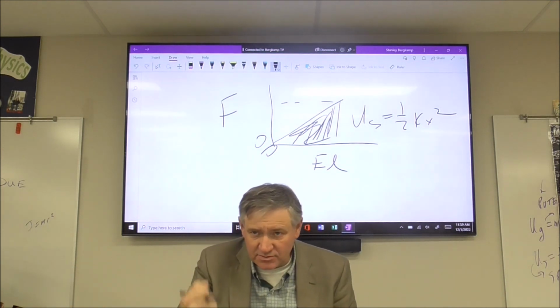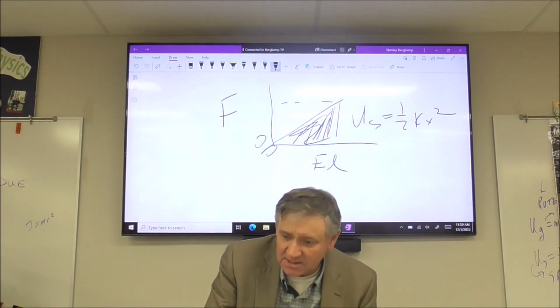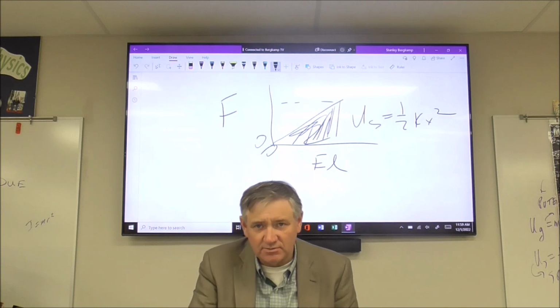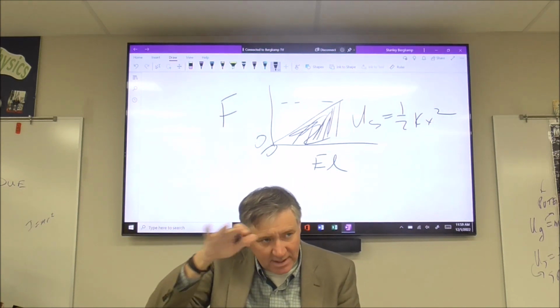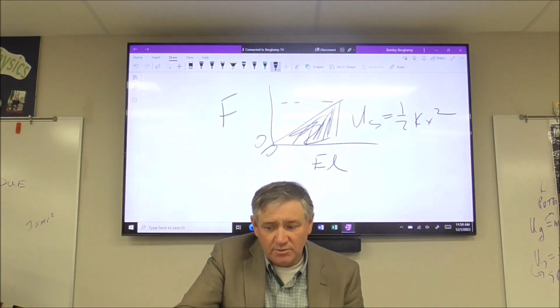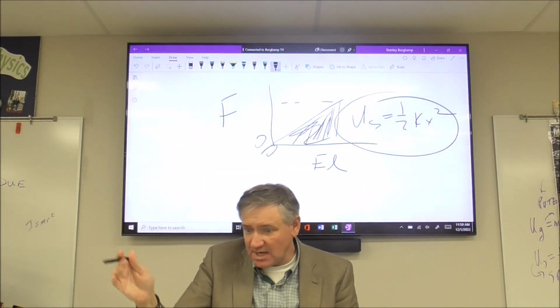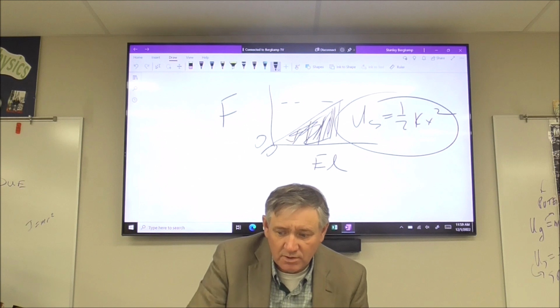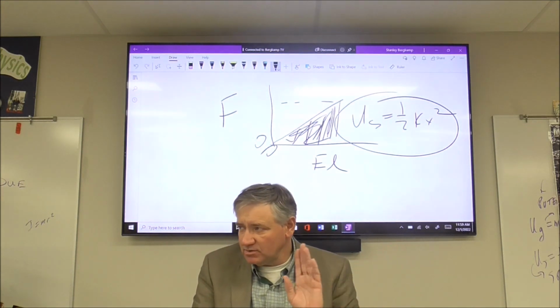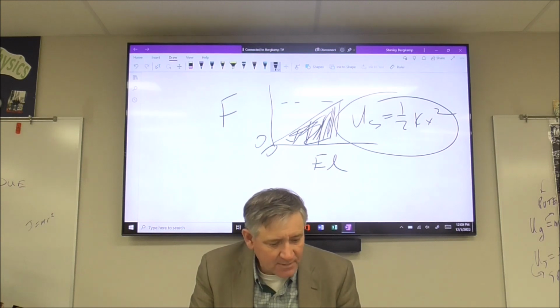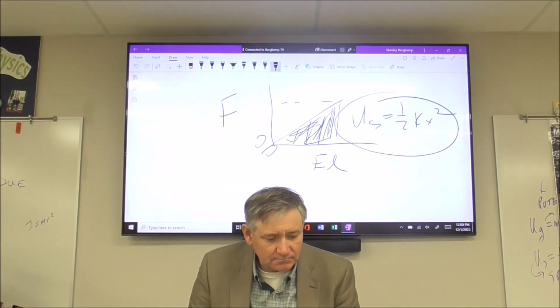The farther you stretch a spring, the more force it takes. It's not a rectangle, it's a triangle. So you either find it using the K value, or you find the area underneath that graph. I care not which one you do, but you have to do one of those 2.